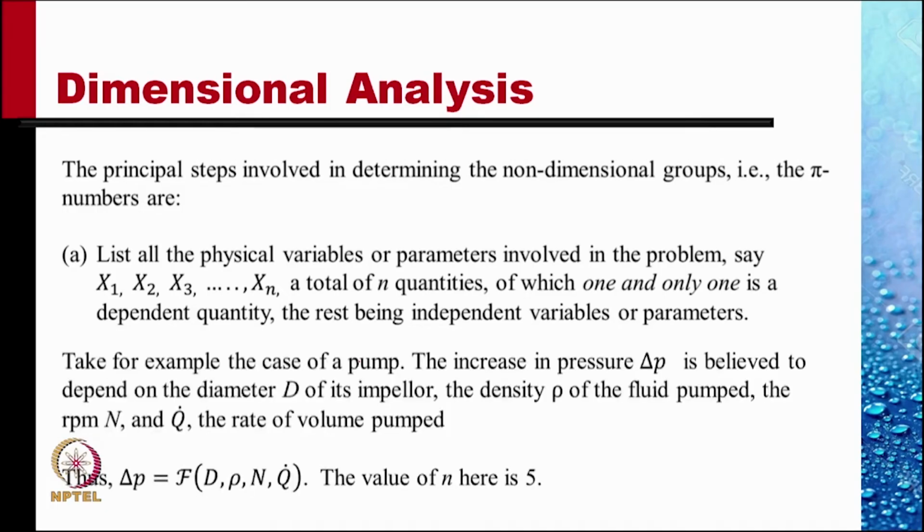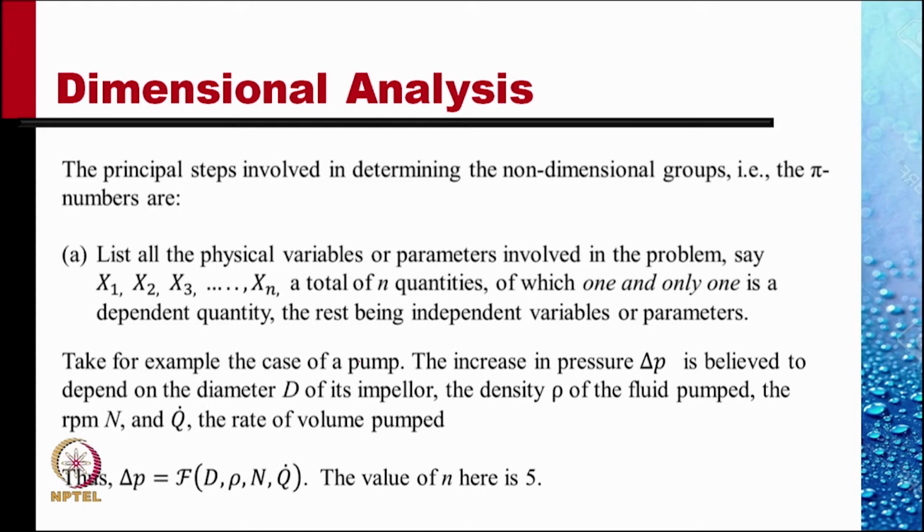Take, for example, the case of a pump, a water pump, like we discussed earlier. The increase in pressure delta P is believed to depend on the diameter d of its impeller, the density rho of the fluid pumped, the RPM n, and Q dot, the rate of volume pumped.